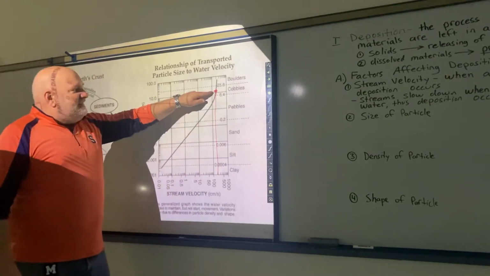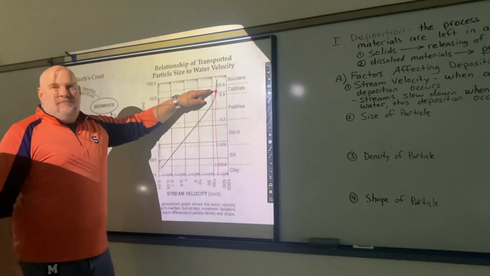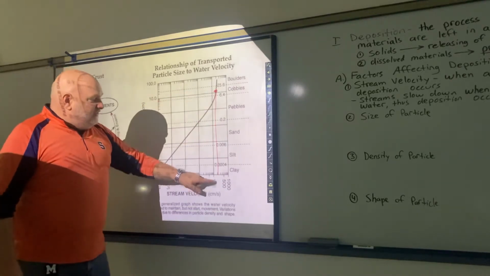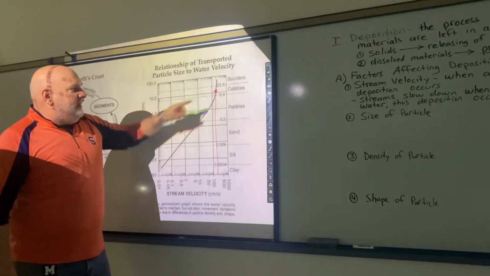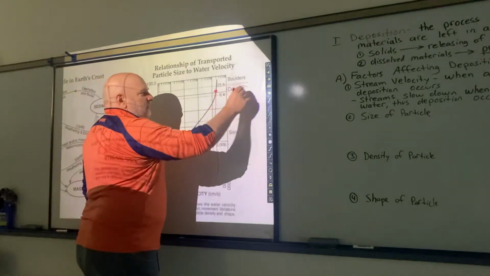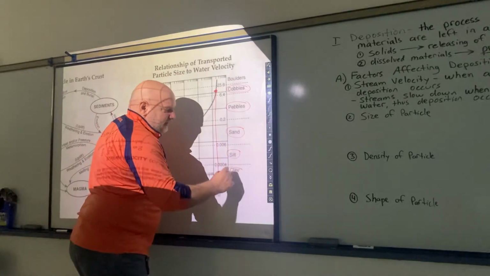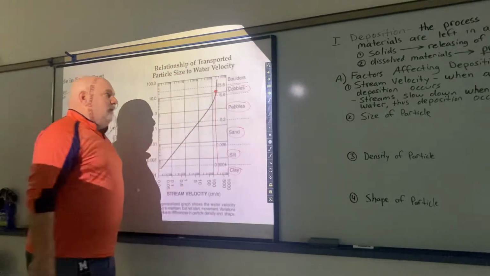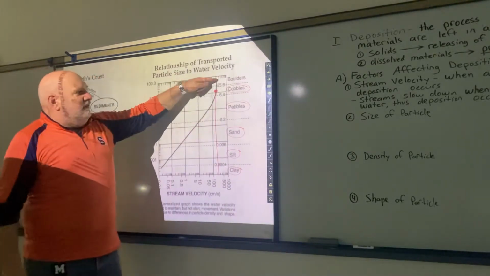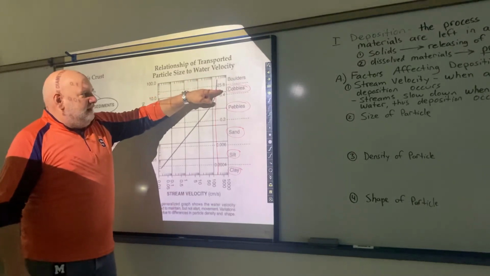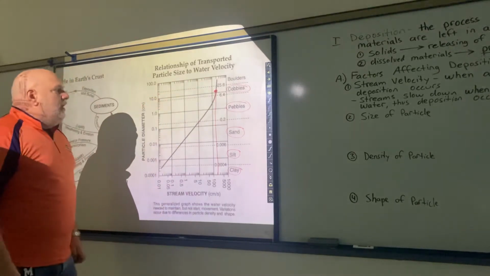What that means is cobbles are the biggest particle it can carry. It's carrying cobbles, pebbles, sand, silt, and clay. It's carrying all those particles, all right? Not fast enough to carry the boulders, but it can carry everything from the cobbles down.